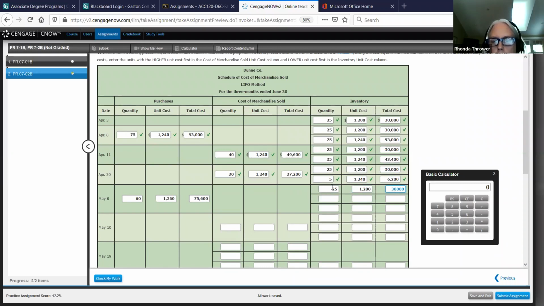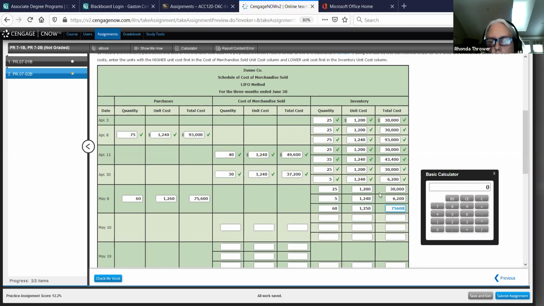We also had 5 units left previously at $1,240, which had a total cost of $6,200. Then we bought 60 more units at $1,260 this time for a total cost of $75,600.